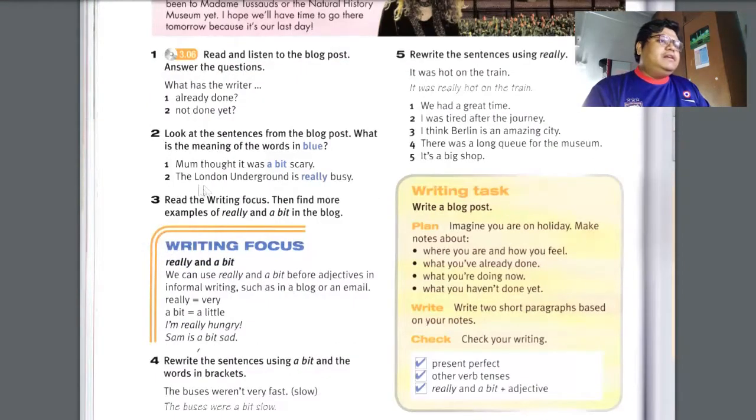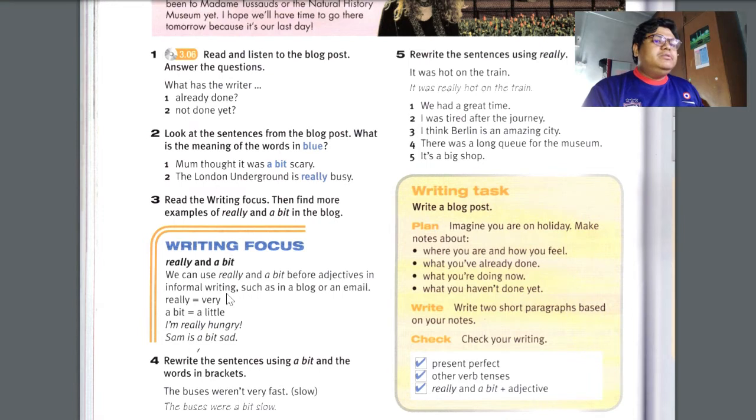Right, read the writing focus, then find more examples of really and a bit in the blog post. We can use really and a bit before adjectives, as I mentioned before, in informal writing. So this one is considered informal writing. Why?